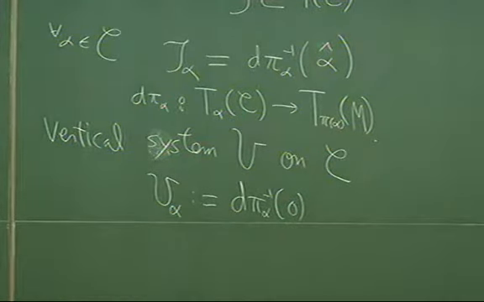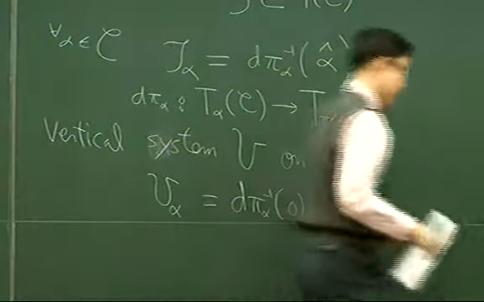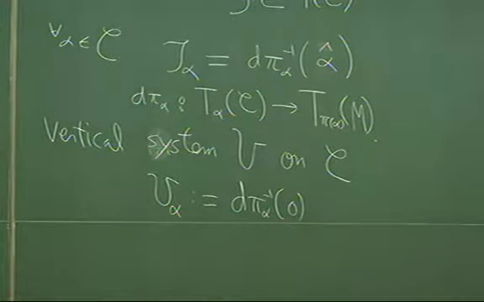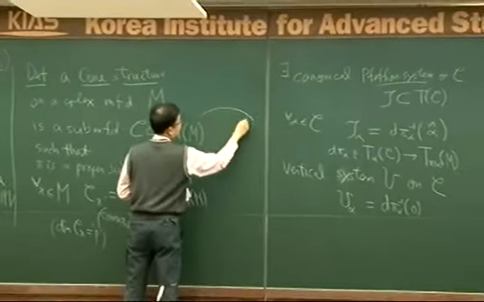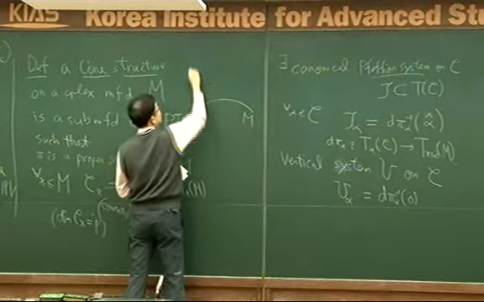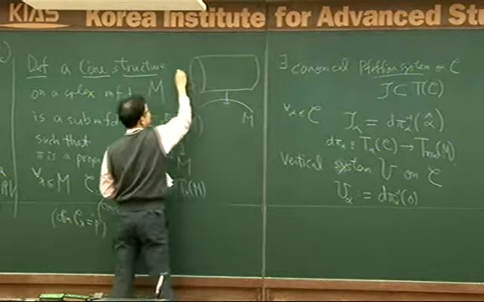So in picture, let me draw a picture here. So here you have a manifold, say M, and over here we have this projectivized tangent bundle, PTM.